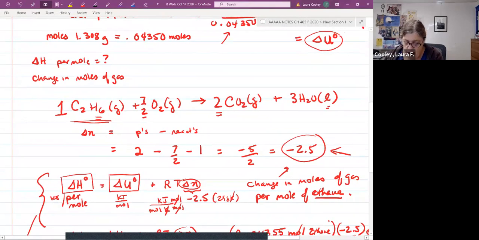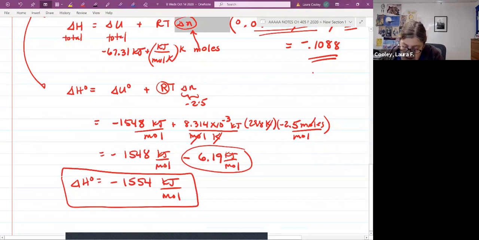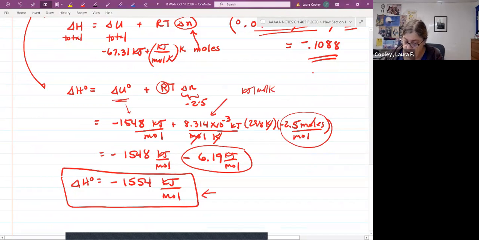We saw that for every 1 mole of ethane that reacts, and this corresponds to 1 mole, so that's what we want, we get a negative 2.5 change in moles of gas. That's our delta N in this equation. We put that in. So the per mole method we finished with: we take our delta H0 and calculate it from the delta U0, and we put in that negative 2.5 for the delta N. We use R in units of kilojoules per mole Kelvin, and we get this number here.